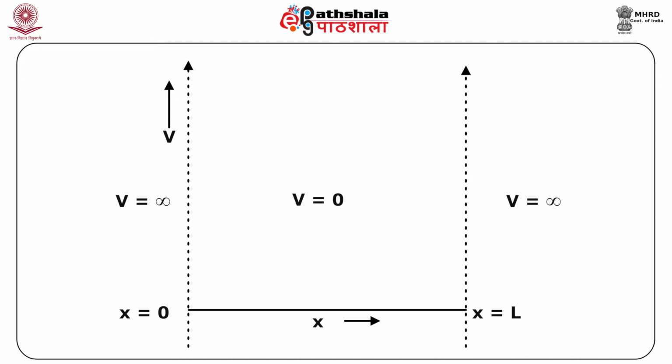The length of the box is L. That means you can see on one extreme x is equal to 0, and on the other extreme x is equal to L. So, the particle is inside this box, and the walls of this box are infinitely large, and we also assume that the potential energy of this particle inside the box is 0. So, these are the assumptions of our model.